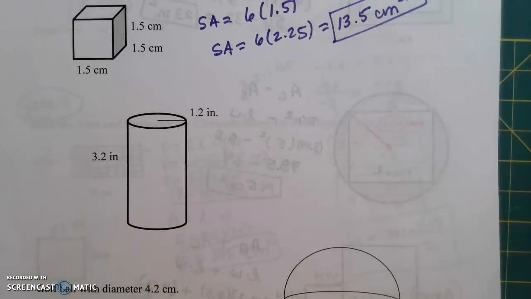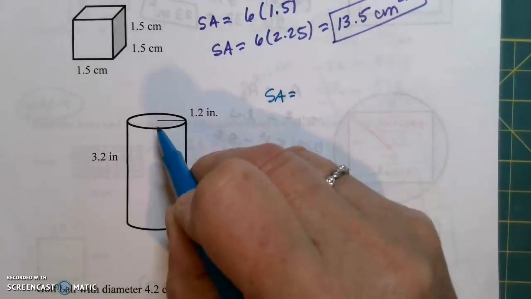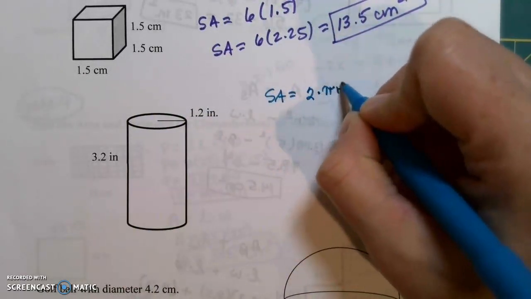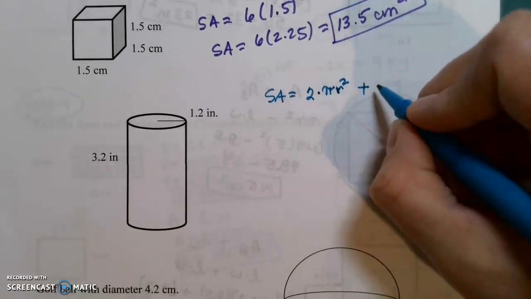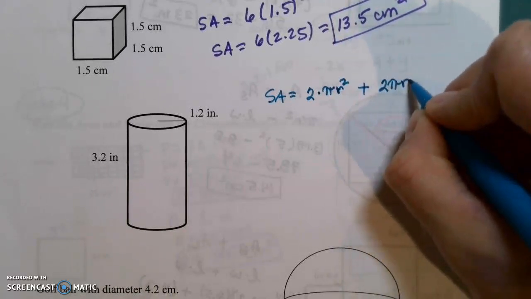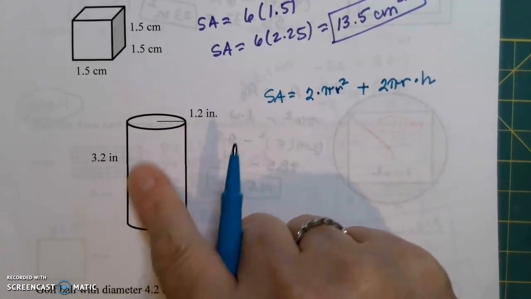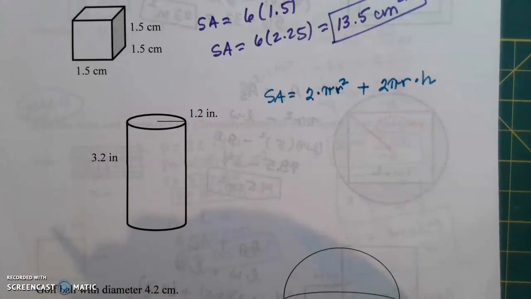And the cylinder, so surface area there, we're going to have 2 bases, so 2 times pi r squared takes care of the 2 circle bases. And then the circumference of the base, so 2 pi r times the height, takes care of the rectangular outside that is not one of the bases.